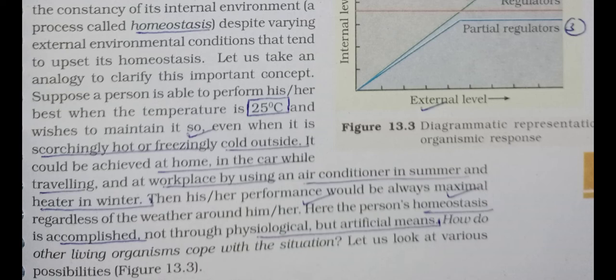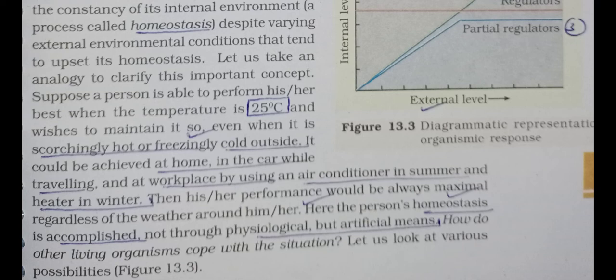See, in summer season, when temperature is higher, we are using an artificial thing, AC, air conditioner, and heater in winter. Then his or her performance would be always maximum regardless of the weather around him or her. Here, the person's homeostasis is accomplished, means completed, not through the physical form but artificial means. It means we are not using the physical changes but we are using the artificial things.